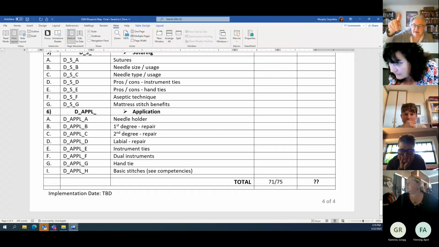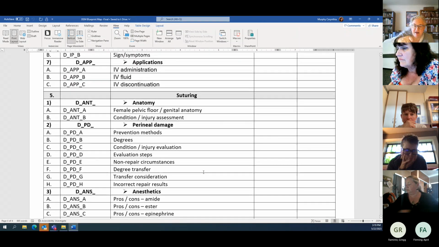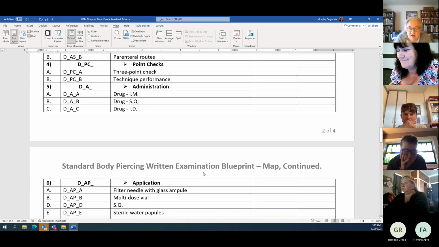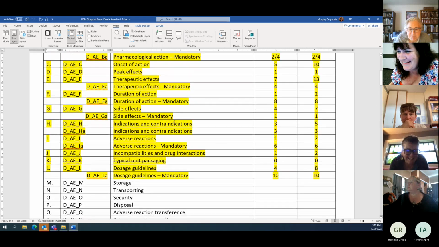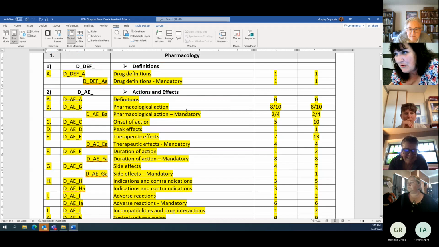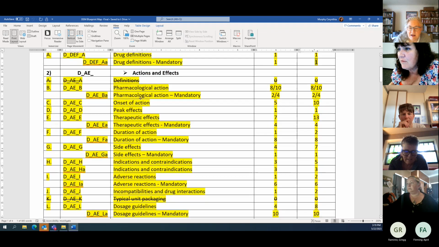It's the breakdown on your map, right? It's item management. For example, for drug definitions, we have 1 optional question and 1 mandatory question. So literally under definitions, there will be 2 questions. Right. So under pharmacological.